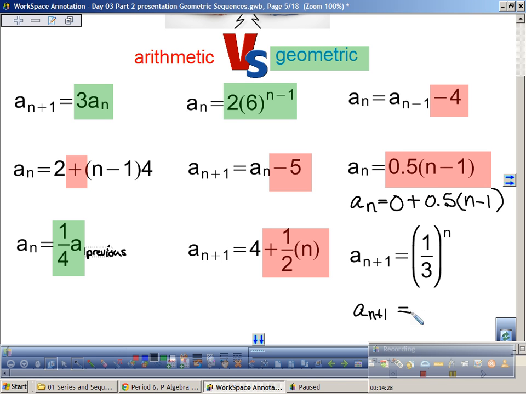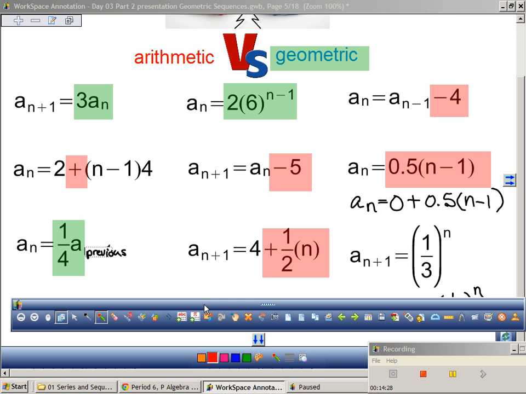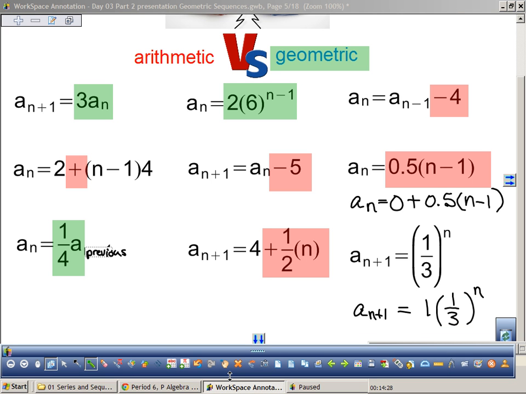Orange? None of the oranges have an exponent. It has an exponent, so it must be geometric, right? Has to be geometric. So that first term is 1. All right.